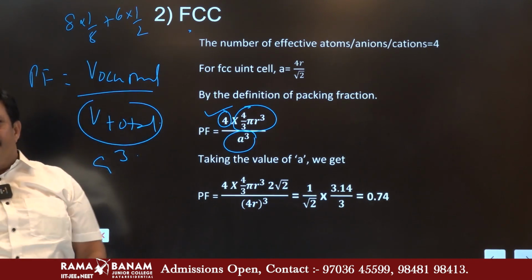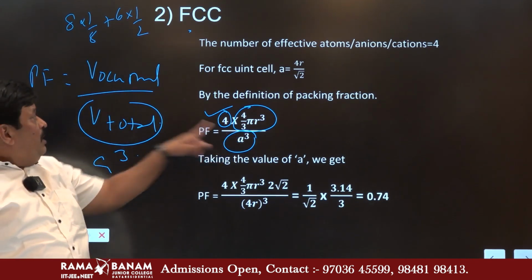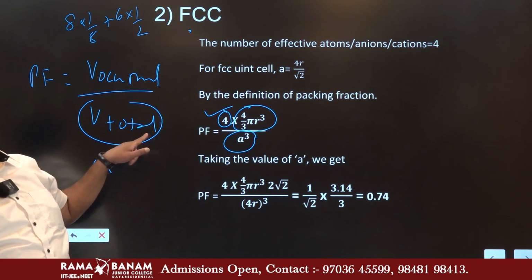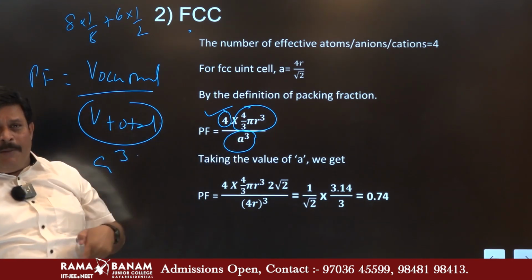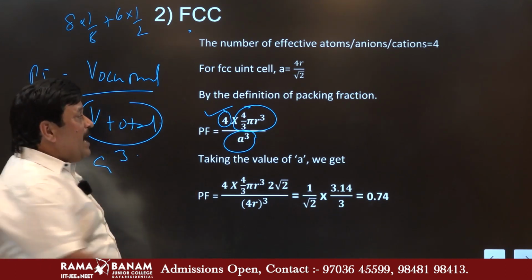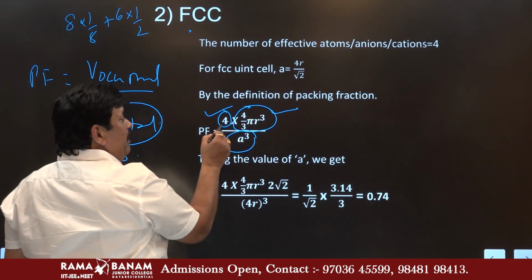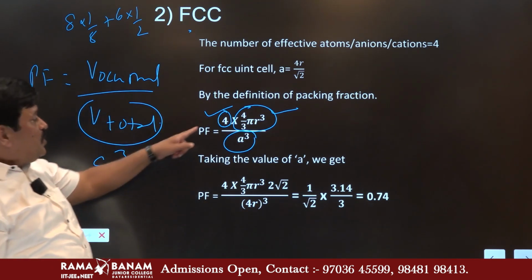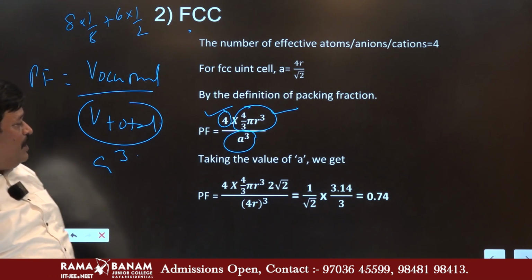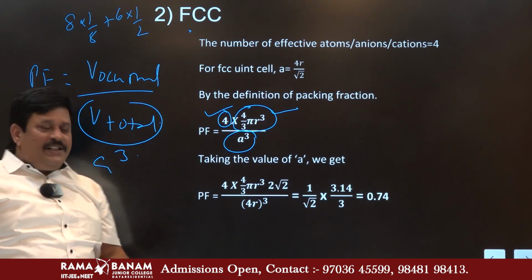One more time, listen students. The total volume is a cube. The volume of one particle is 4/3 pi r cube and the number of such particles is 4 for FCC. So volume occupied is 4 into 4/3 pi r cube and total volume is a cube.